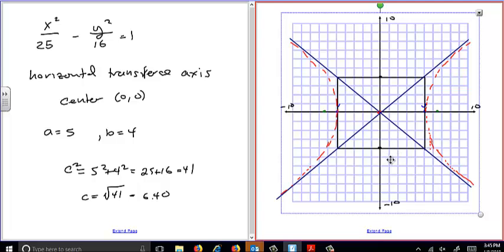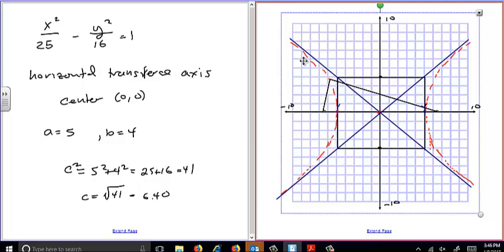So what's going on here? Well, the distance from here to this line, back to the other focal point. If I take this distance and I subtract this distance, you get some number.